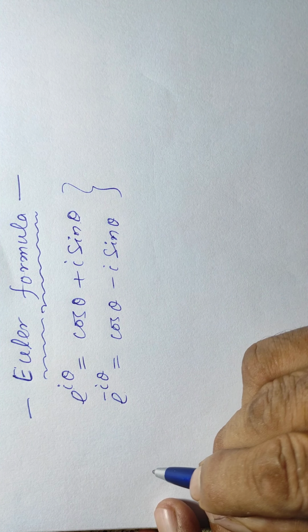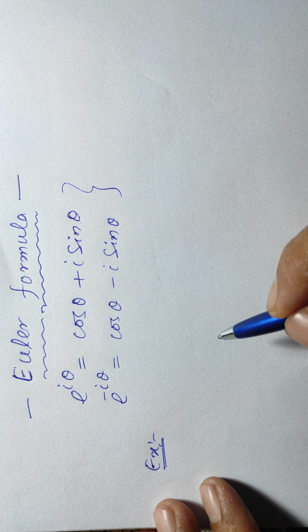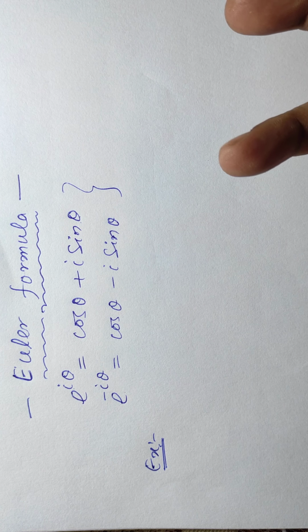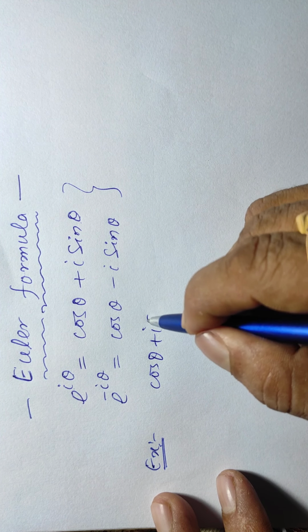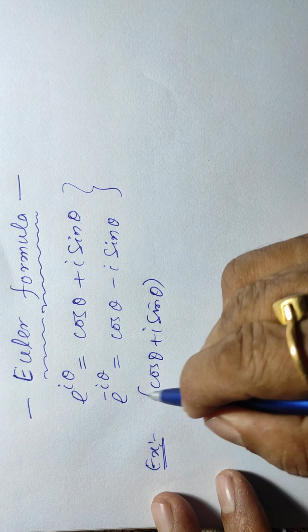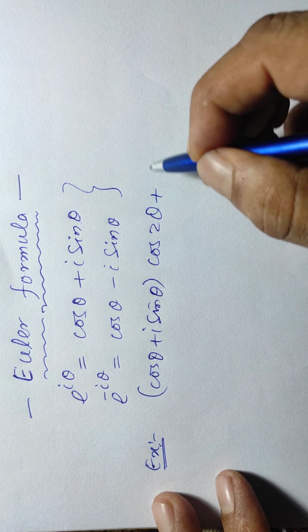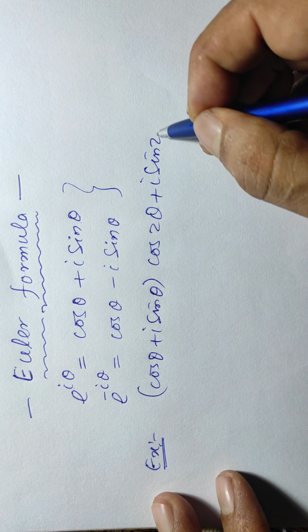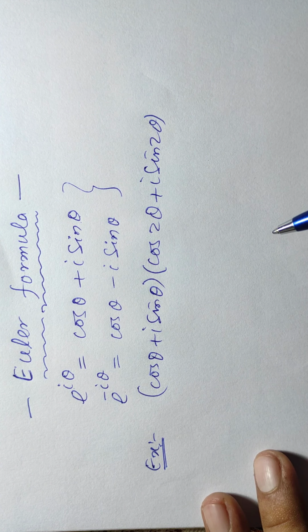And now I am giving some applications. That means how to use this formula and where to use this formula. Okay, see here. Cos theta plus i sin theta into cos 2 theta plus i sin 2 theta. You have to find out the product of these two.